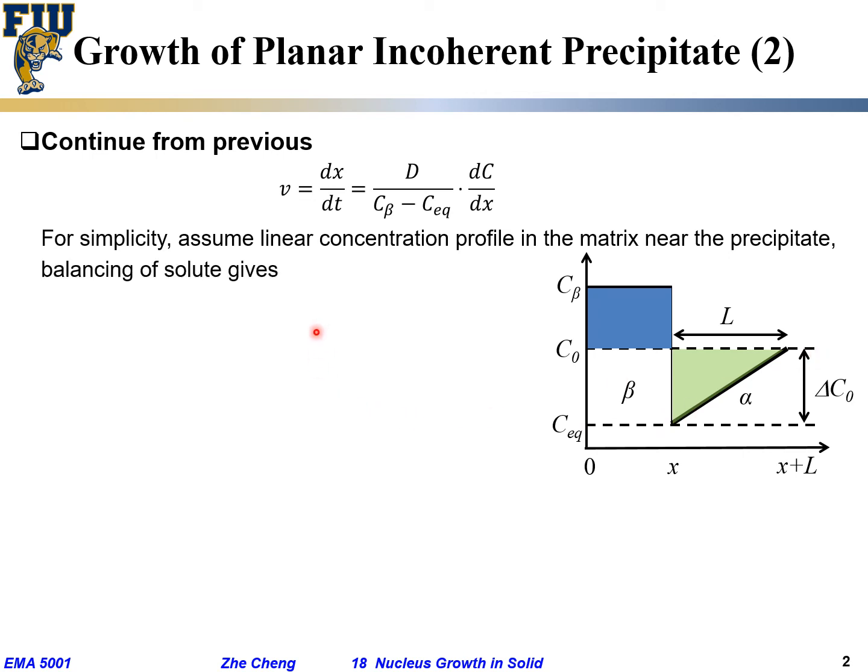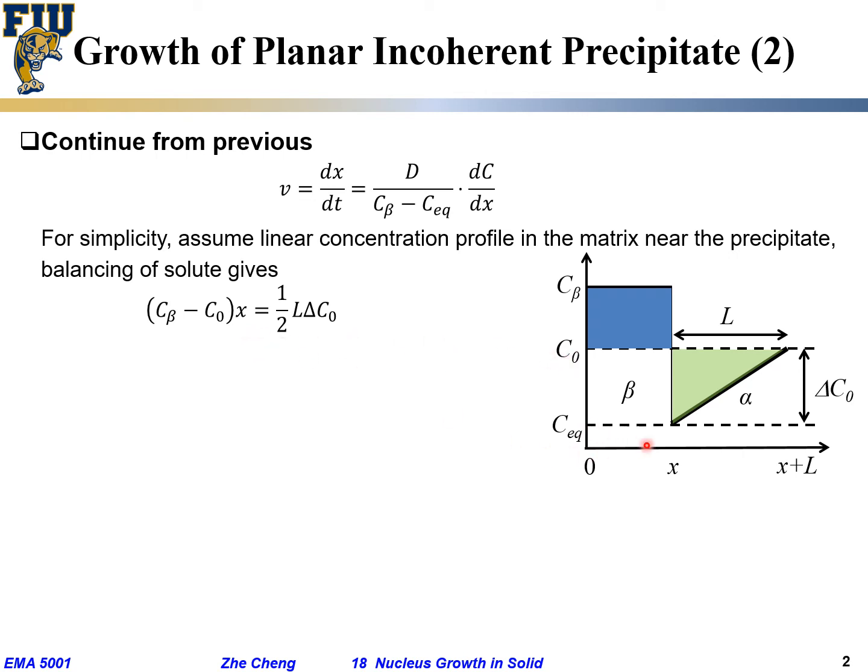Then the balance of solute atom would give whatever is missing on the matrix side, which is represented by the green area, would be the same area as the blue area on the beta precipitate. The balance of solute would give something like this.